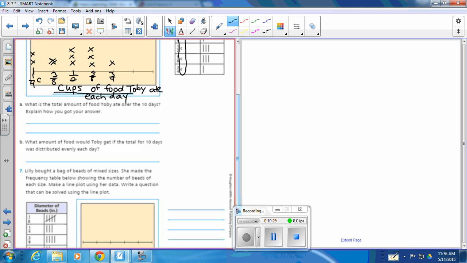Add them all together. Could we multiply? Could we multiply 1/4 times 2? 3/8 times 1, 1/2 times 3, 5/8 times 3, right? You do it that way and add all those together. If you did that total, you would come up with 5 cups.